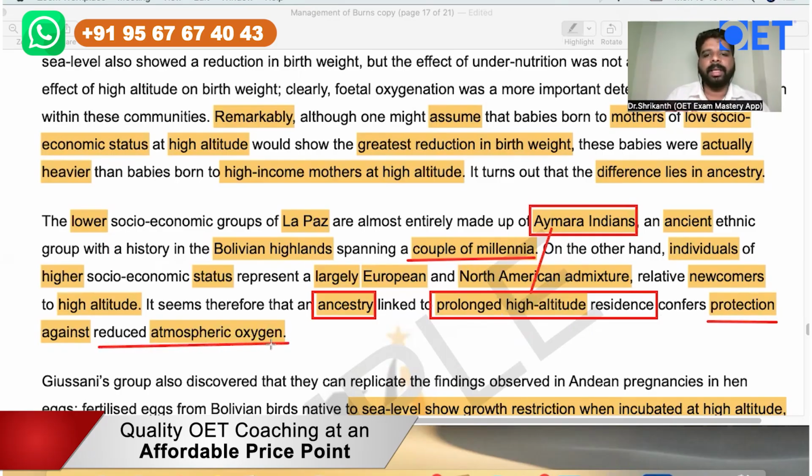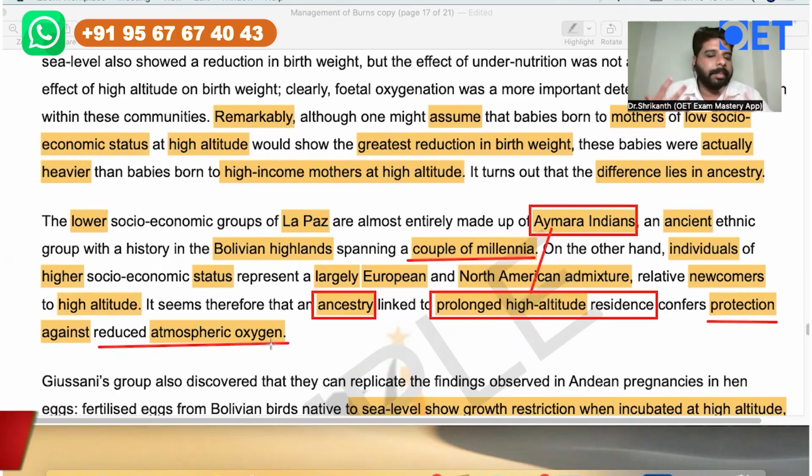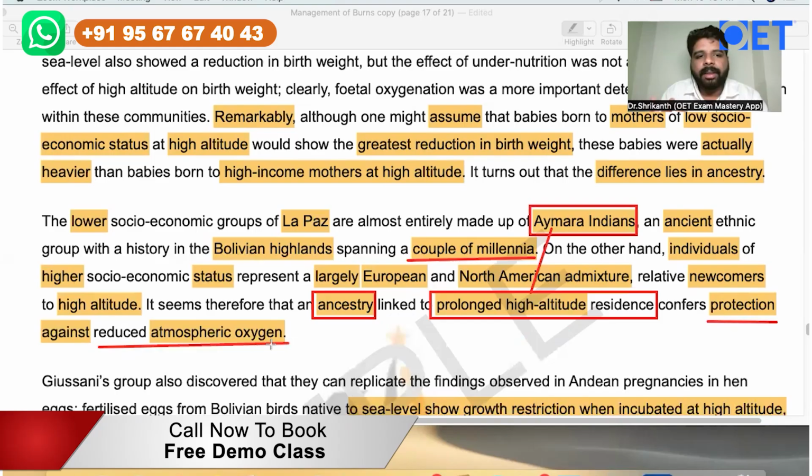So here they're telling us that the people who have been living there for almost 2000 years, their body is adapted, and their body gives protection against reduced atmospheric oxygen.